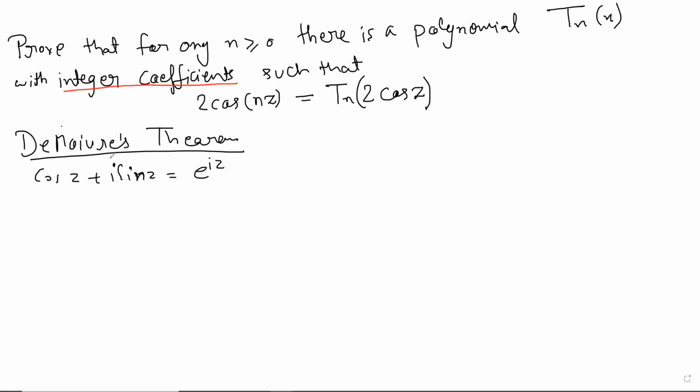Eventually we want to write cos nz only in terms of cos z. That is our eventual goal. We want an expansion which only uses cos z. And this was also one of the STEMS questions that had used this idea in a limit problem.